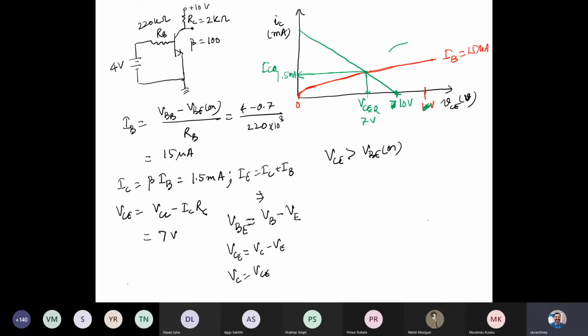So, situation 2, for the same set of parameters: now instead of 4 volt, let's say VBB is 8 volt. All other parameters remain the same. So just change VBB to 8 volt.